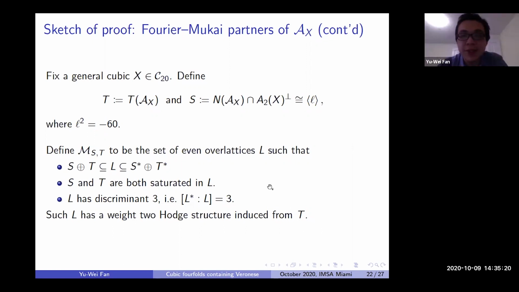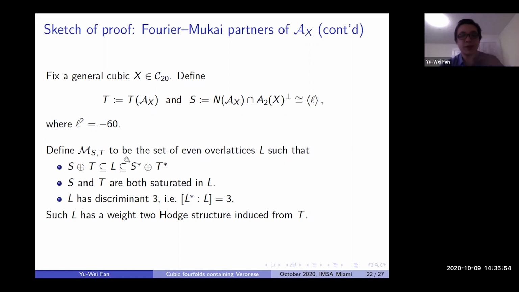What we'll see later is that any Fourier-Mukai partner of X, so another cubic with the same K3 category, will induce exactly two elements in M_{S,T}. And this assignment is not overlapped, so there cannot be two cubic fourfolds assigned the same elements in M_{S,T}.